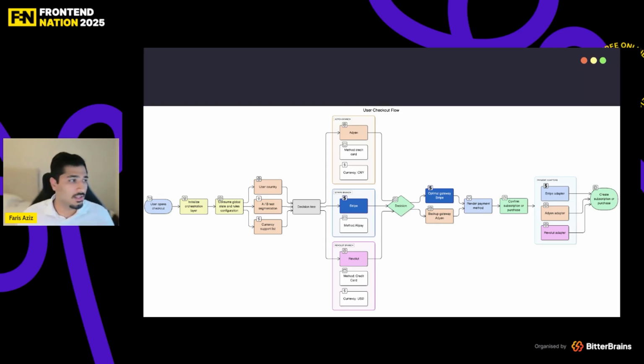If we take the scenario that we want to be able to support Chinese local currency in Alipay, Stripe may be the best solution here because Stripe allows for a localized currency and Alipay. Then there's Adyen, which allows for local currency, but only credit card payments. And then Revolut doesn't support a local currency or a local payment method.